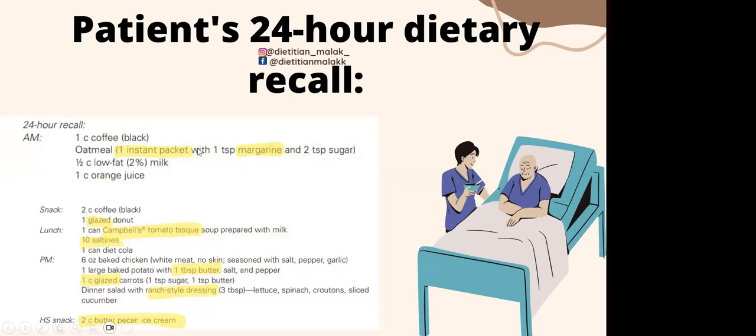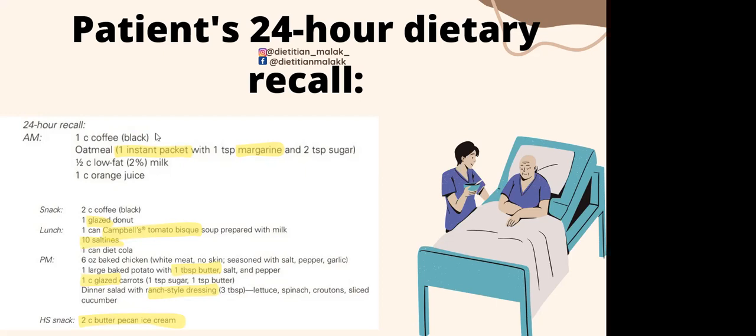So here, in the morning, they had a cup of coffee and they had oats, and I have highlighted the things that are wrong with the diet. You might be asking why oats are considered a red flag in this 24-hour dietary recall.